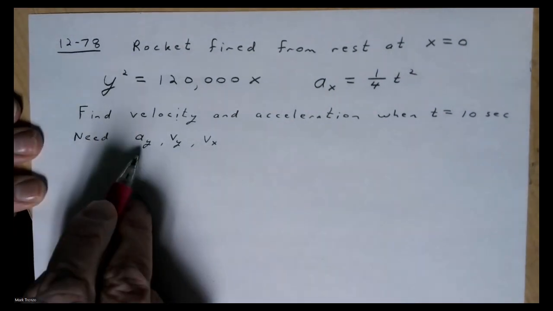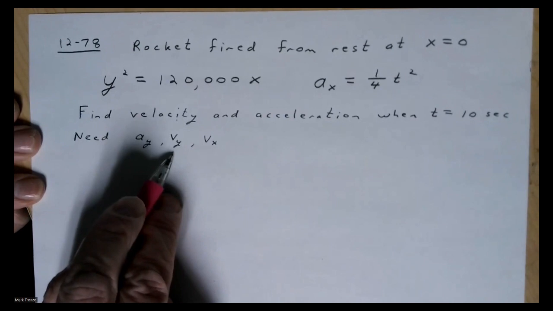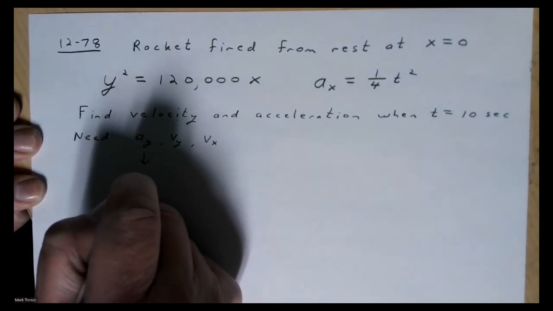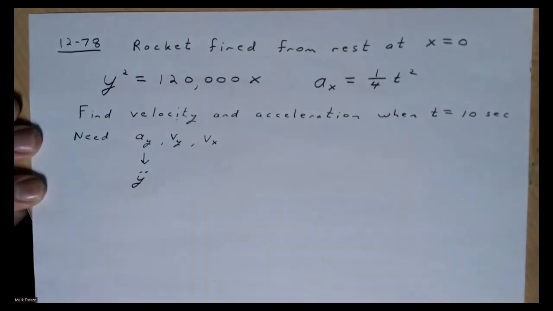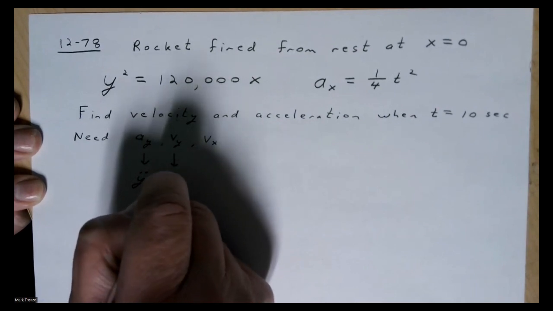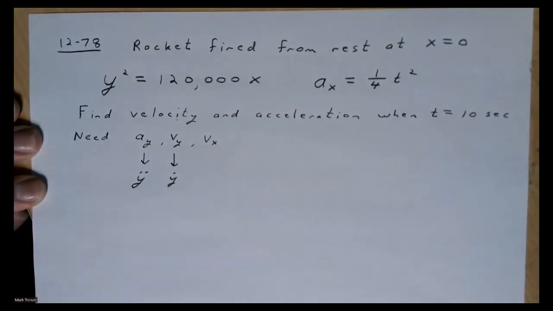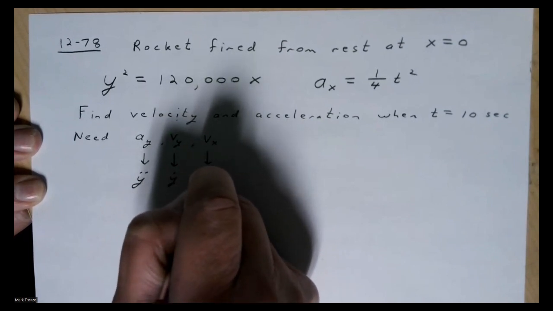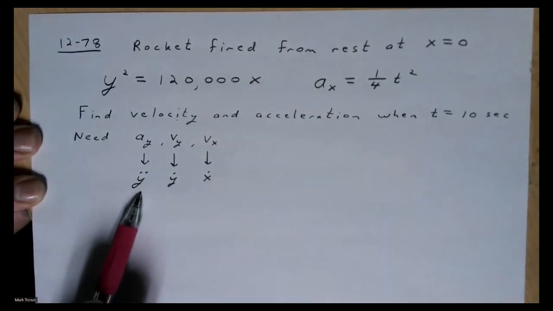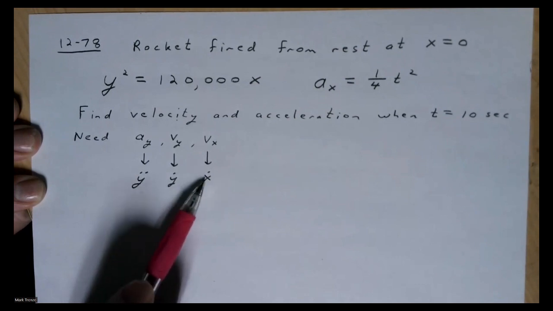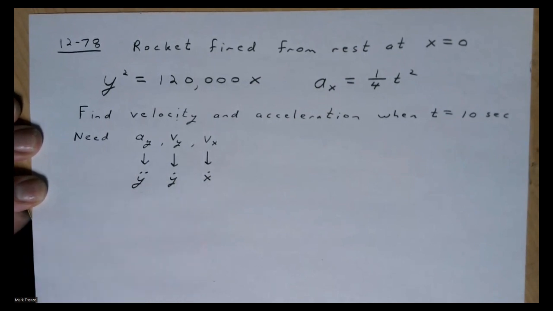And of course, what this would mean is that we need, this is the same as needing y double dot, which is the acceleration in the y direction. And we need y dot, and we need x dot. And of course, this is the same as d squared y dt squared, and this is dy dt, this is dx dt. So that's what we need.